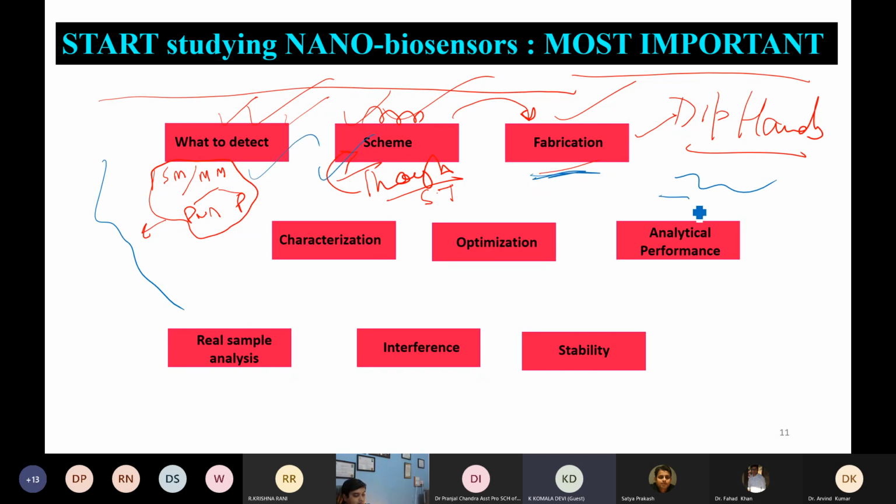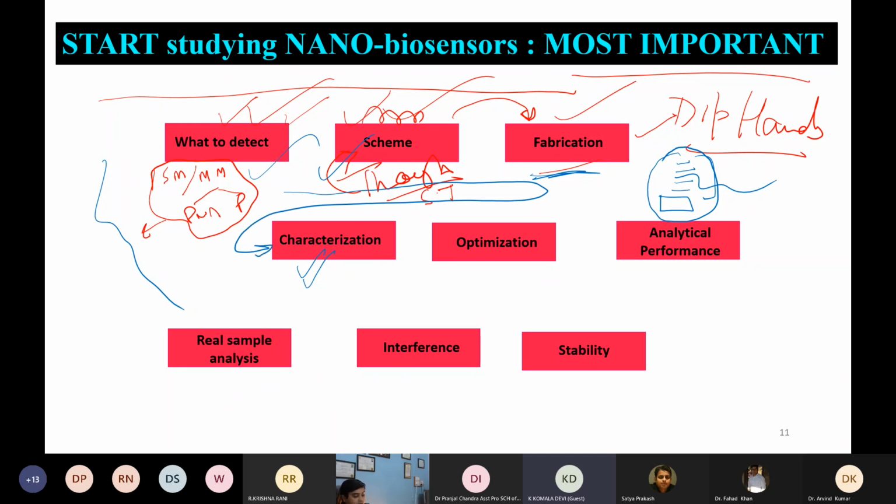Fabrication means you have a surface, you have to do layer 1, layer 2, layer 3, layer 4, and so on. When you have done this layering, it means you are coating some chemicals, chemical 1, chemical 2, chemical 3, and so on. So you are doing the experiment here, but whether it has been done correctly or not, this box will tell. So this is an order of the experiment that has to be done without any exception.